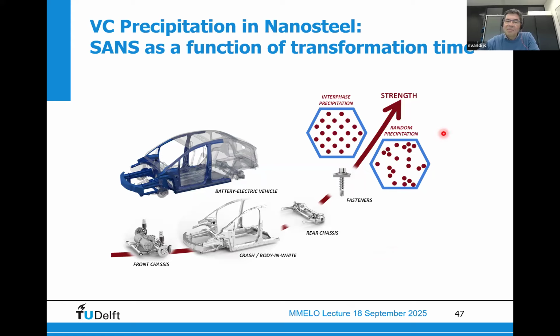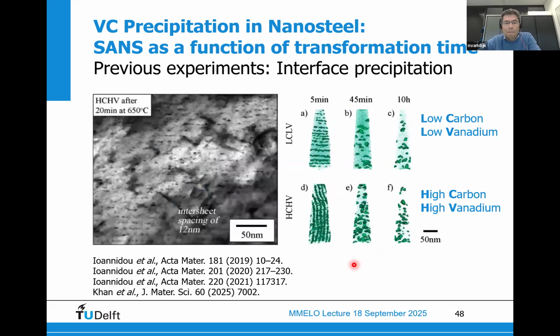The basic aim is to look into these nanosteels, which have a ferritic matrix without any secondary phases other than the vanadium carbide precipitates. And this should enhance the strength while keeping a high formability with various applications.